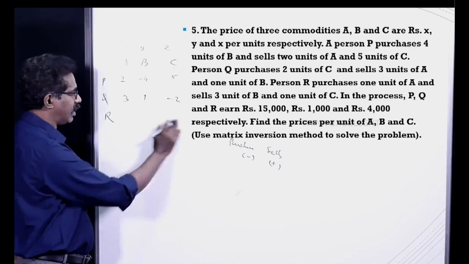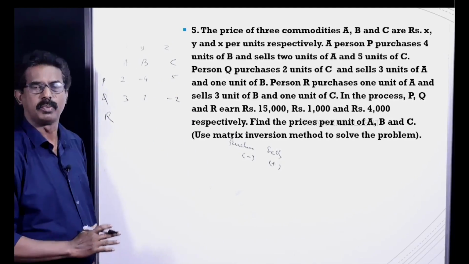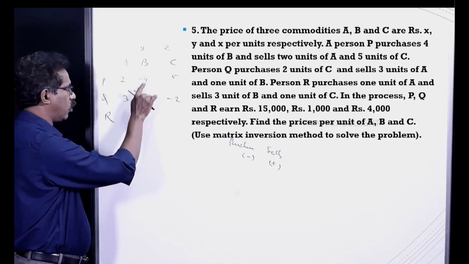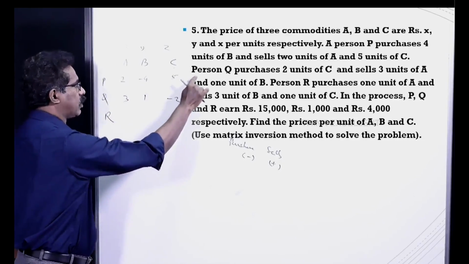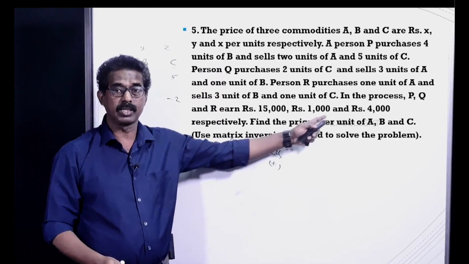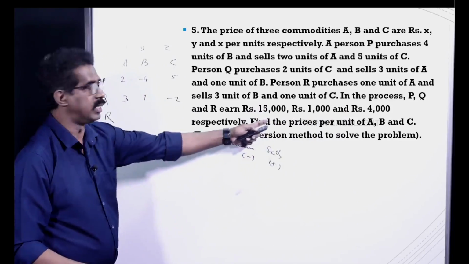You read and you can fill it. Now once you write this, equation forming will be very easy. What's the first equation? 2x minus 4y plus 5z equal to the amount they given at the last, right? In the process, P, Q and R earn 15,000.